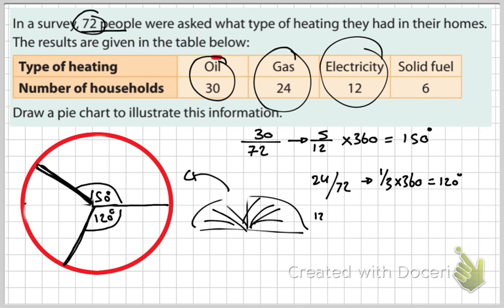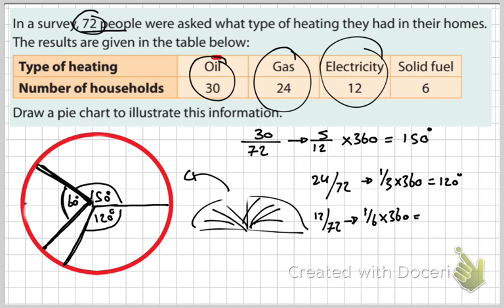Next, 12 for electricity. That's 12 out of 72, which in its simplest form is 1/6. So 1/6 of 360 as an angle is 60 degrees. 60 degrees would be something fairly similar to, not that, that's a little bit too small. 60 degrees, you'd be talking something roughly like this.